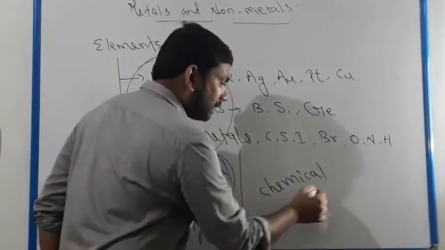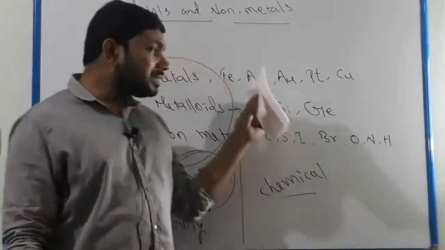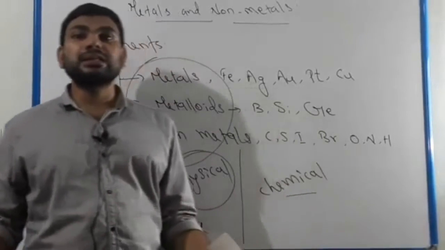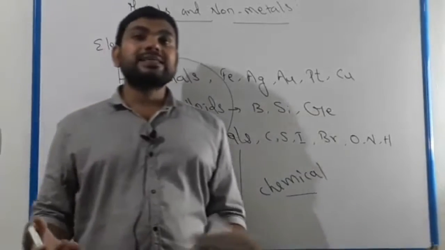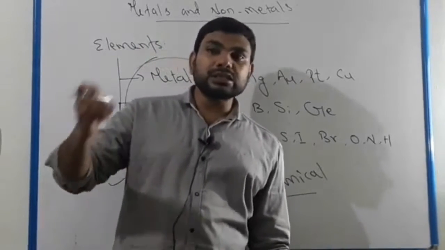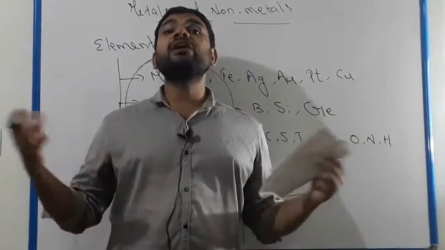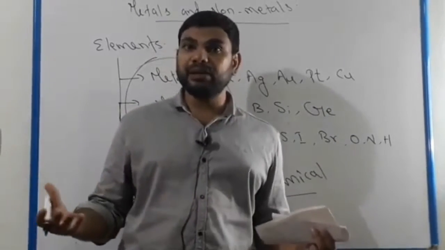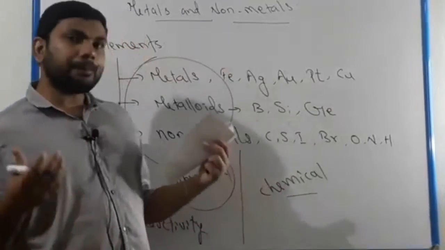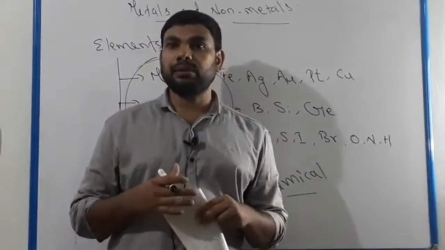Chemical properties are another type. Chemical properties mean how these elements react with water. Some elements react with water. For example, when you put sodium or potassium in water, it reacts vigorously, producing flame and heat.